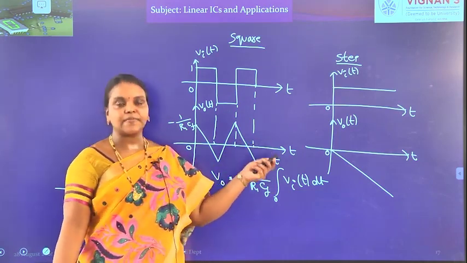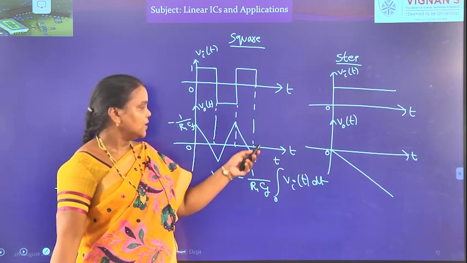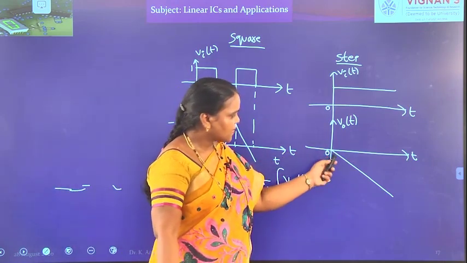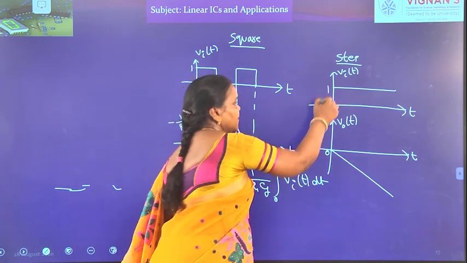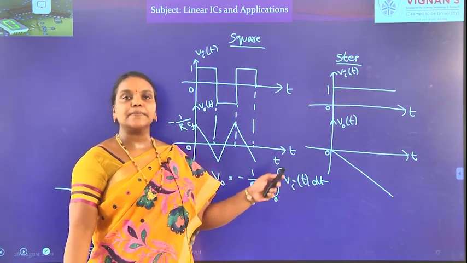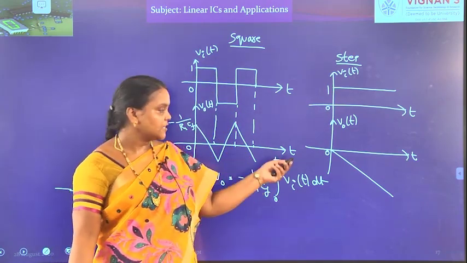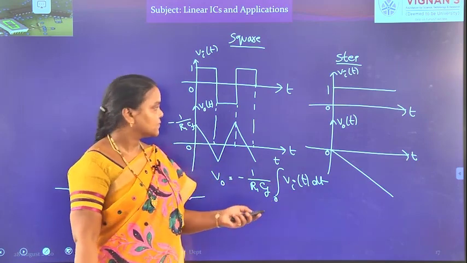The same constant will be added linearly. So, 1 plus 1 plus 1 plus like this means you will get a ramp, but because of the inverting configuration it is a negative going ramp. Okay.